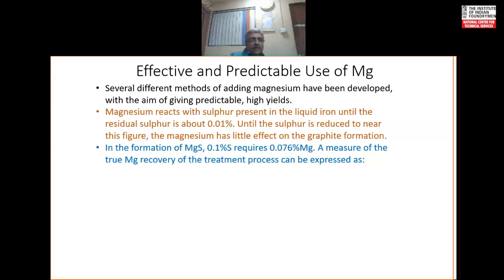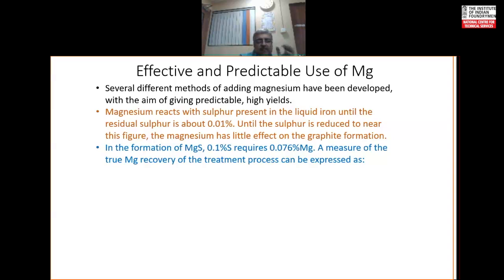Then magnesium goes in solution. Now, how much magnesium gets tied up with sulfur? For every 1 kg of sulfur, you would require about 0.76 kg of magnesium. I have given it here in percentage.